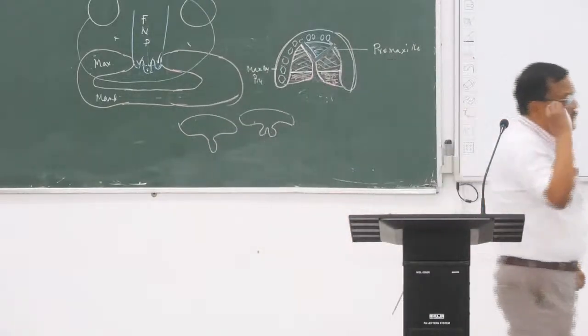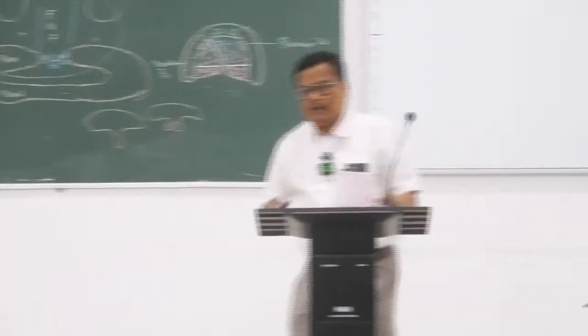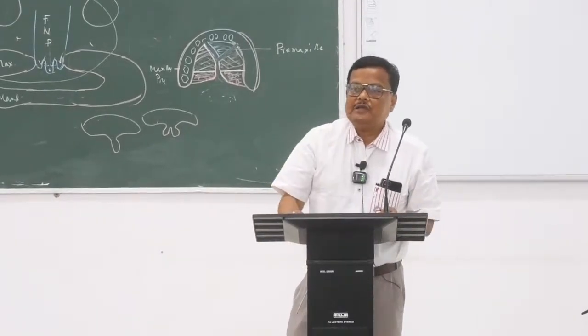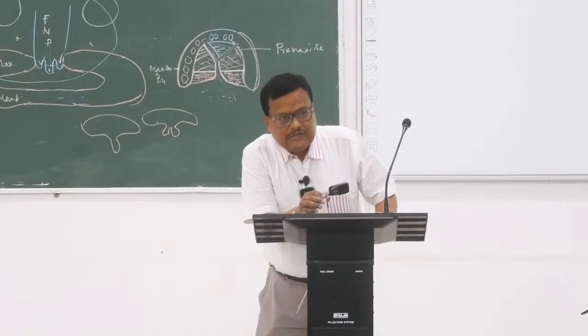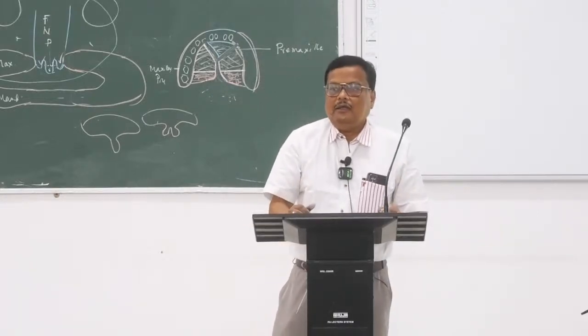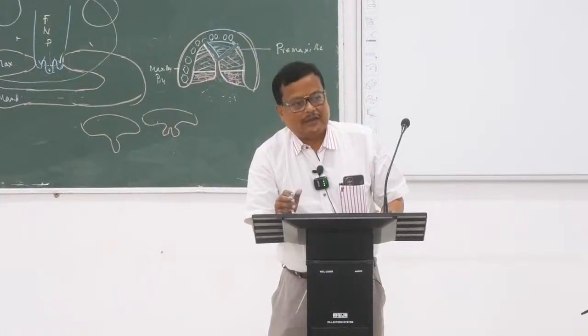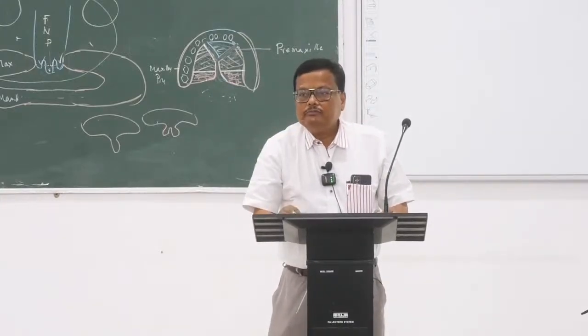Now, if there is damage of the vagus or cranial accessory nerve, what happens? The palatal muscles, except tensor veli palatini, will be paralyzed. As a result, levator veli palatini, palatopharyngeus, palatoglossus, all muscles will be paralyzed. So the palate will not move.